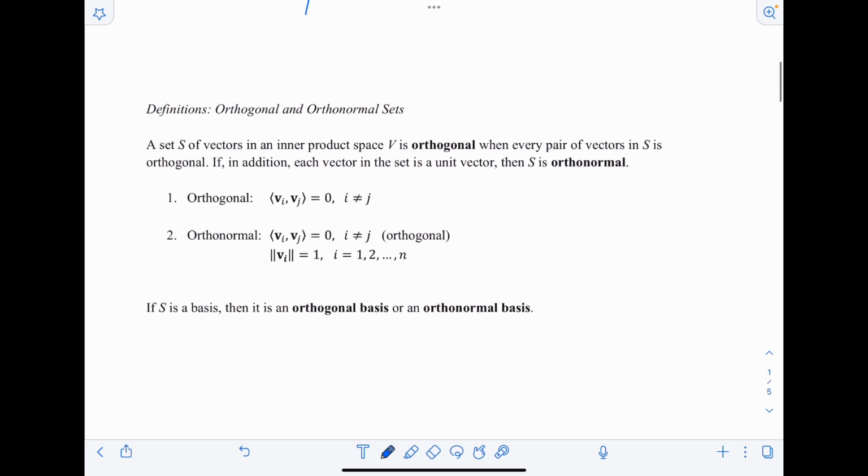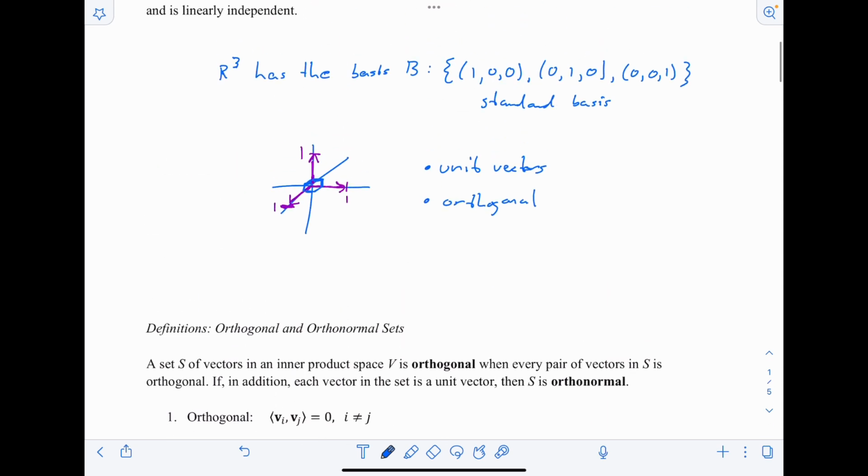The definition for orthogonal and orthonormal sets is this. A set S of vectors in an inner product space V is orthogonal when every pair of vectors in S is orthogonal. So right off the bat, we would call this an orthogonal basis because all of the vectors are orthogonal or perpendicular to each other.